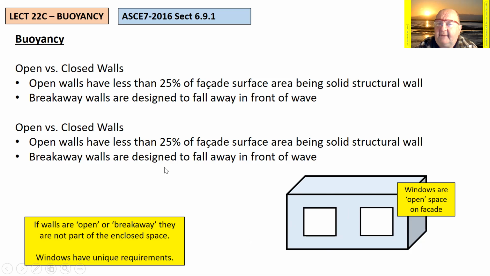Breakaway walls would have to be something that we've intentionally designed, that as soon as a little bit of water pressure shows up against the face of this wall, that wall is intended to break off and open up.